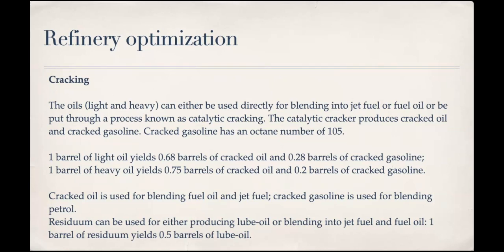Okay, and the product from the cracker, what are the products from the cracker? The products from crackers are crack oil and crack gasoline. Okay, any oil you feed to the cracker, you will get crack oil and crack gasoline at the same time. And crack gasoline has an octane number of 105.